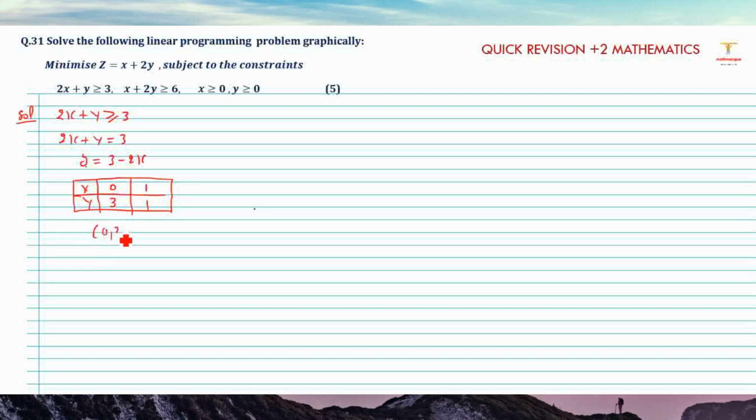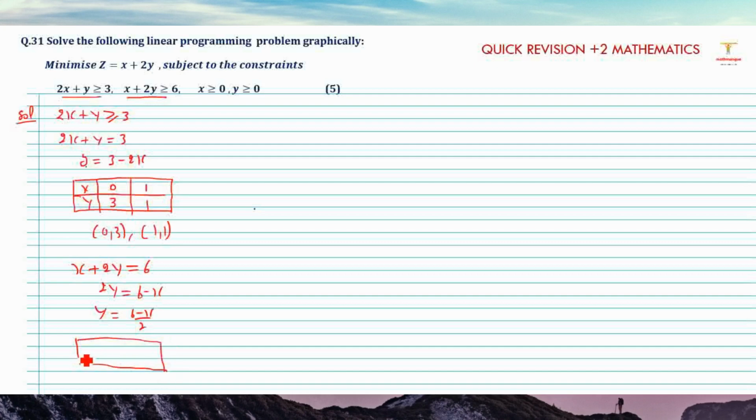This is one thing. Now, children, take this second line. So this is your first line. Now I am taking your second line. Second line is x plus 2y is equal to 6. You just simplify it further. 2y is equal to 6 minus x. So y comes out to be (6 minus x) upon 2, and you just draw a graph for this line as well. How will you draw it?